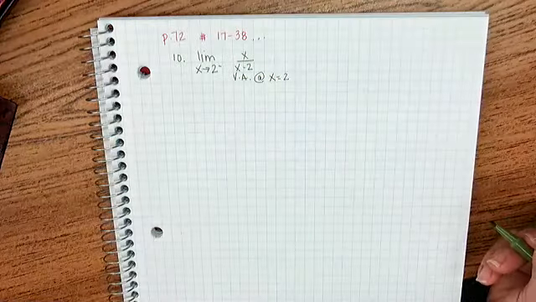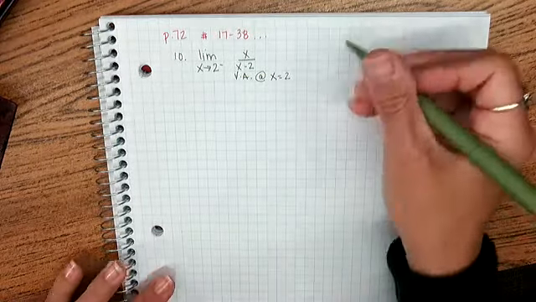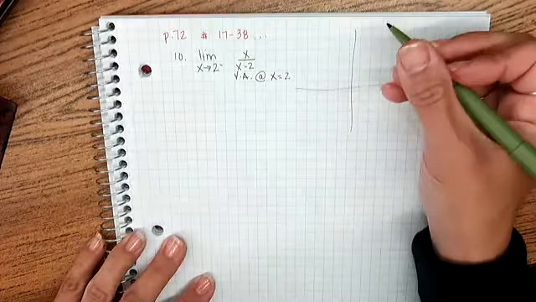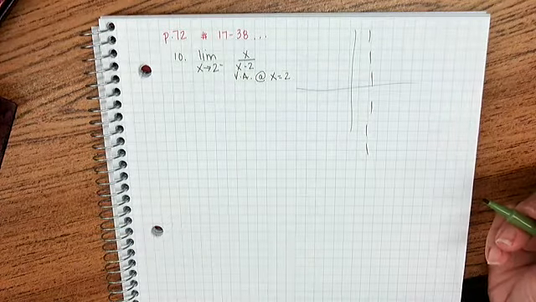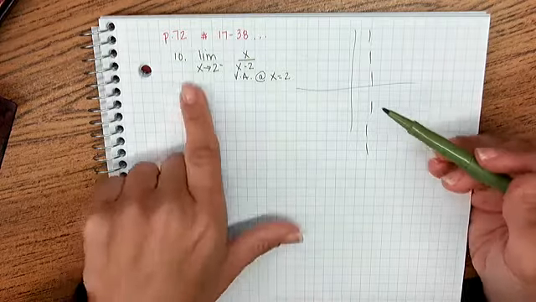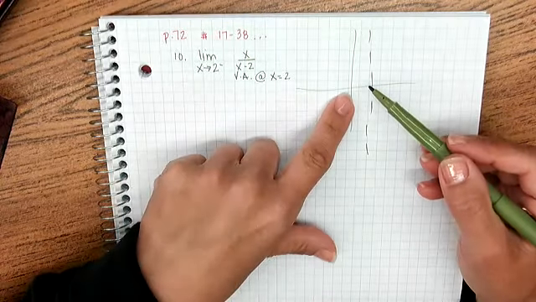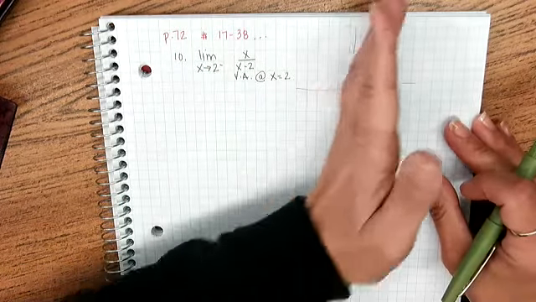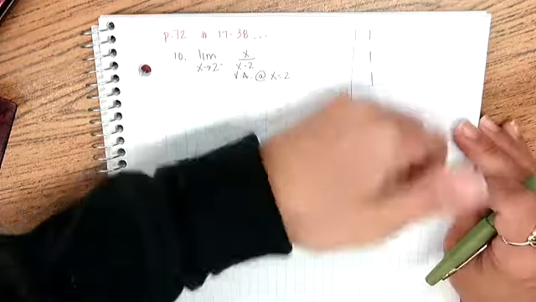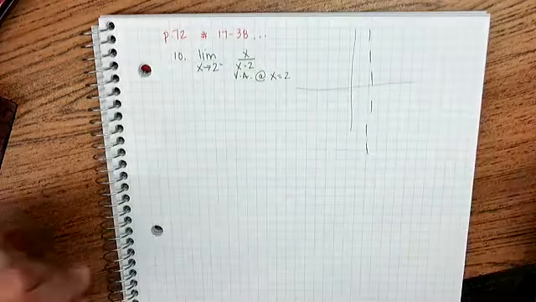There's an asymptote. So as I'm coming at it, I have no idea what it looks like other than there's an asymptote at 2. So the question becomes, as I'm approaching 2 from the left, I'm either going to approach infinity or negative infinity. It's one of the two.